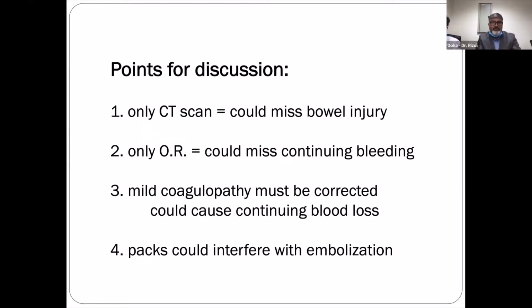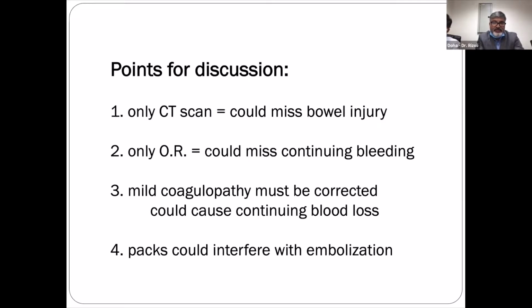So some points of discussion regarding the management of the patient right from the resuscitation part to the OR part. If we would have decided the patient goes to the CT suite rather than the OR after the resuscitation in the trauma room, the possibility of the patient going to the IR would have been high because of those evident blushes in 2 solid organs.